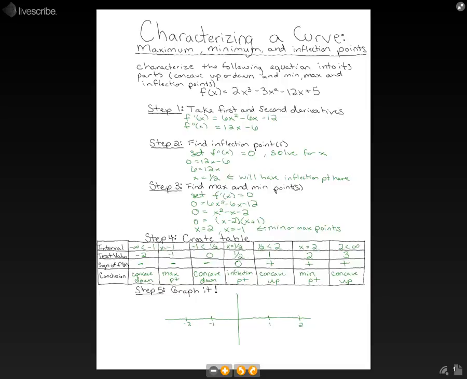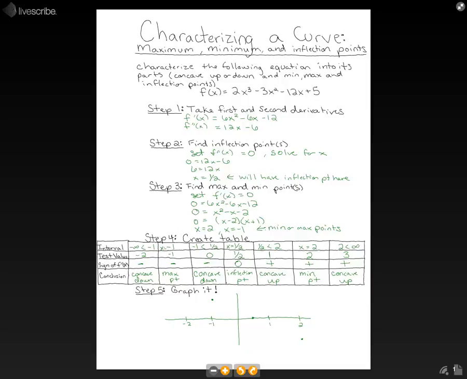And when we do that, we know that we're going to have a max point here. We're going to have a minimum point here. Now we don't necessarily know how big of a max or min these are, but we're just going to kind of guesstimate. And we're going to have an inflection point at 1/2, so here.